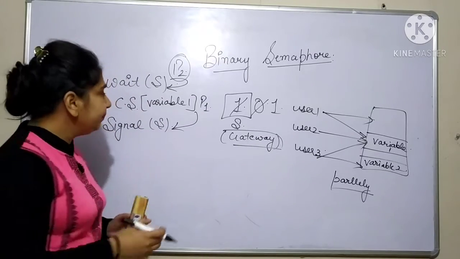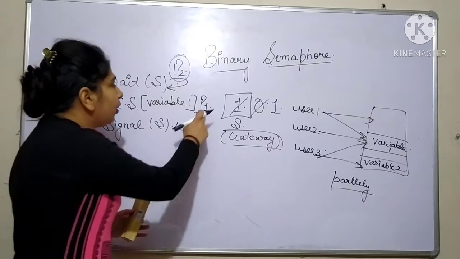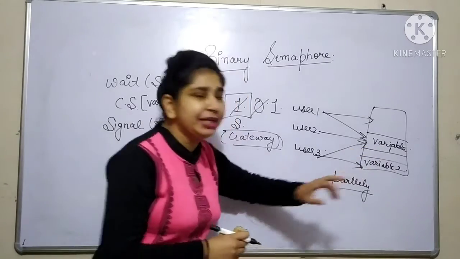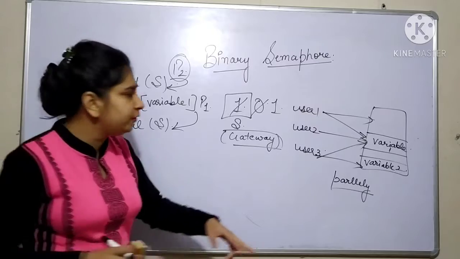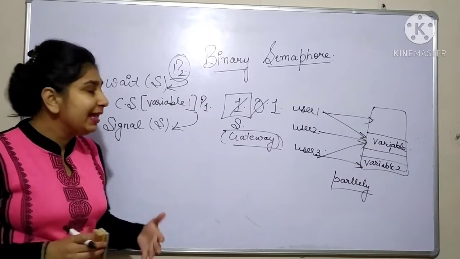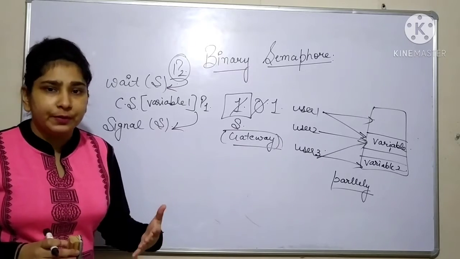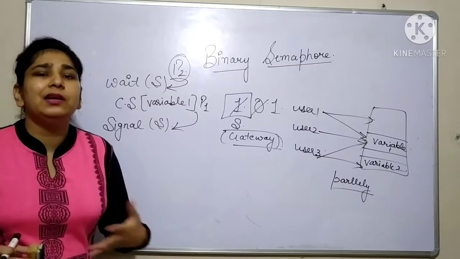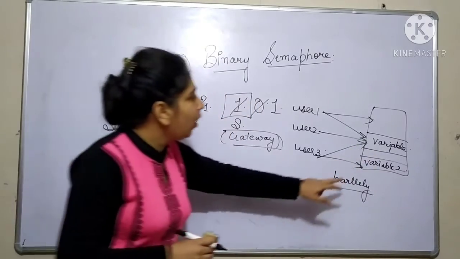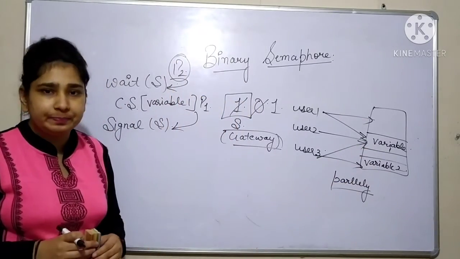What does it mean? It means that your process P1 has done all of its manipulations and modifications on this variable 1, and now its work is over. Now it wants other user requests to perform manipulation on this variable 1.